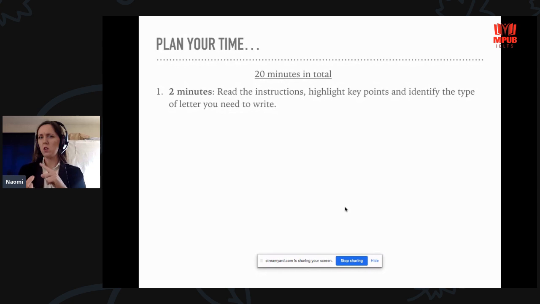Was it formal, semi-formal, or informal? That's right, it was semi-formal. Now, I want to really get down to planning. What are the 5 sections? Or maybe 4 sections. Can we remember what they are?